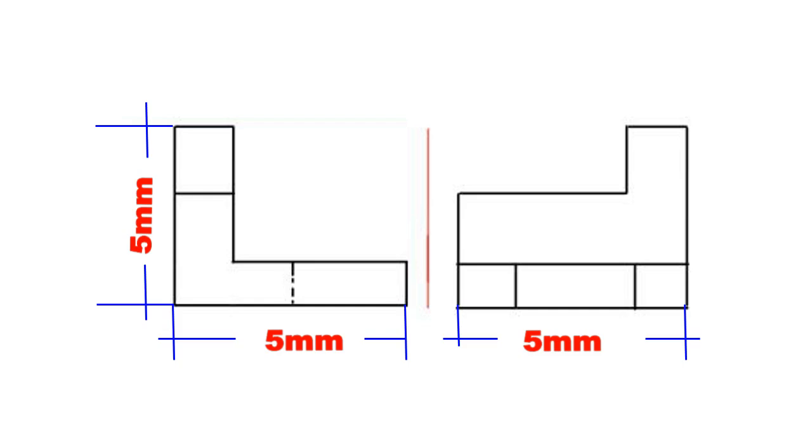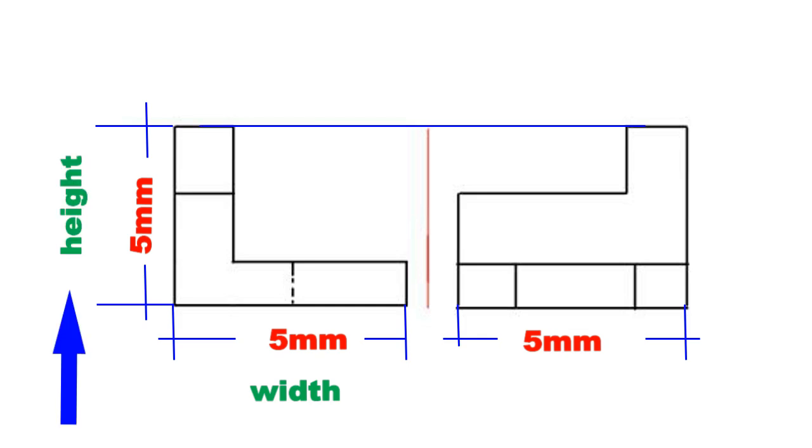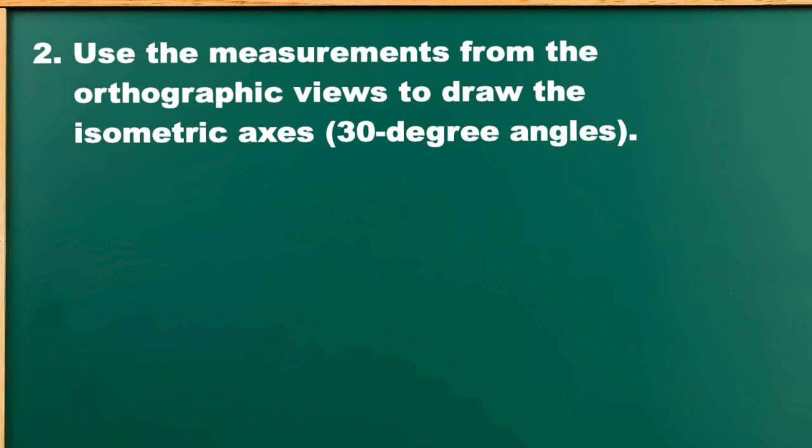We have been given the views, as we can see. Since this is a front perspective, we can determine the object's width, 5 mm, from the front, height, 5 mm, and depth, 5 mm, from the side view. 2.